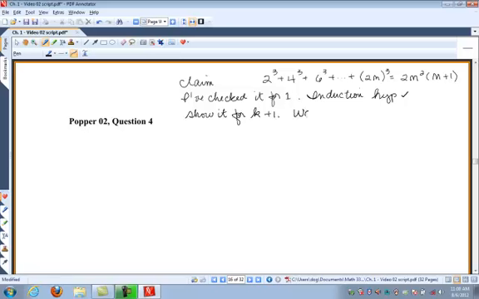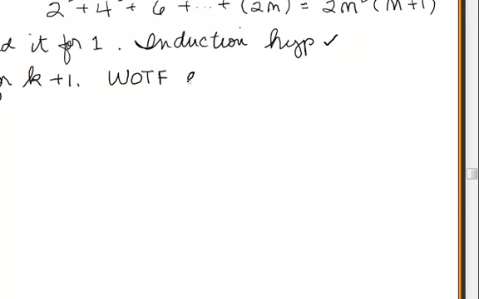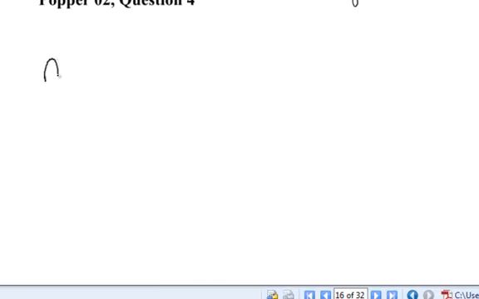Which of the following equations would I use? I'm going to show it for k plus 1. Am I going to use A or B?